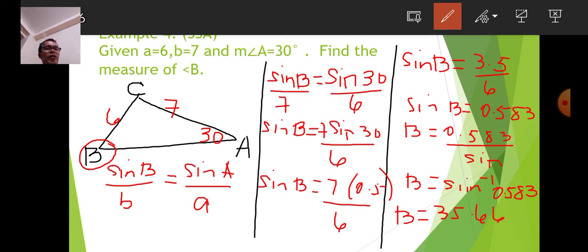Since the other given angles are whole numbers, angle B, converted to degrees, is equal to 35 degrees.